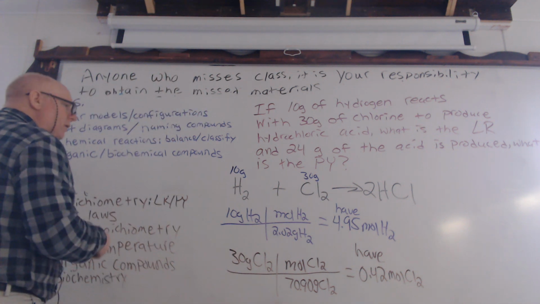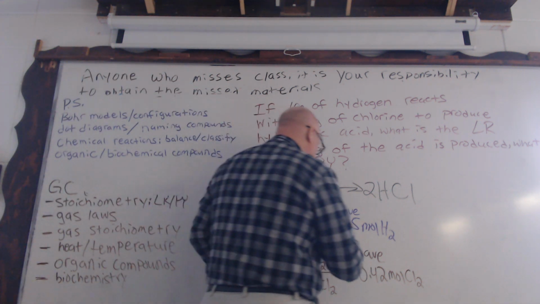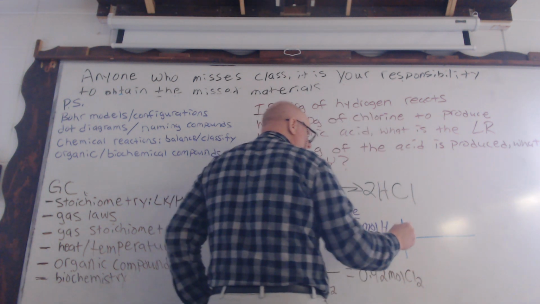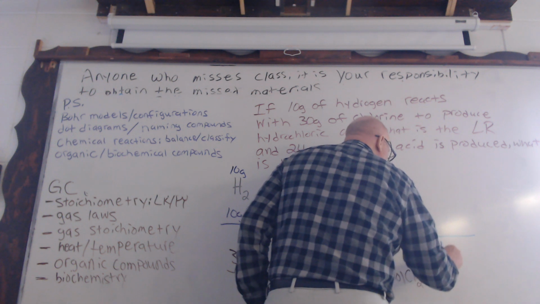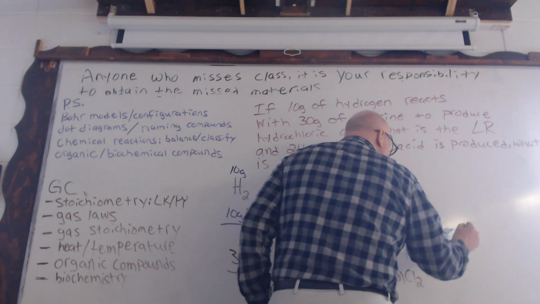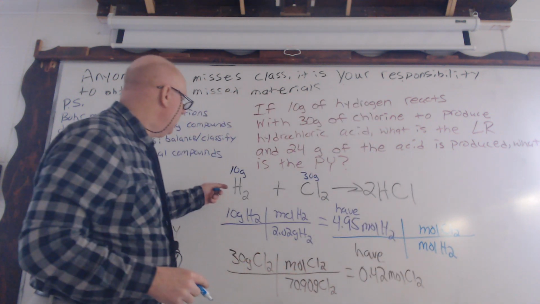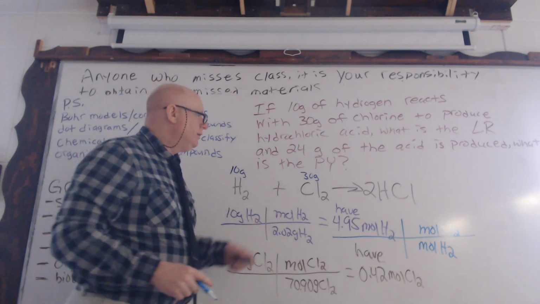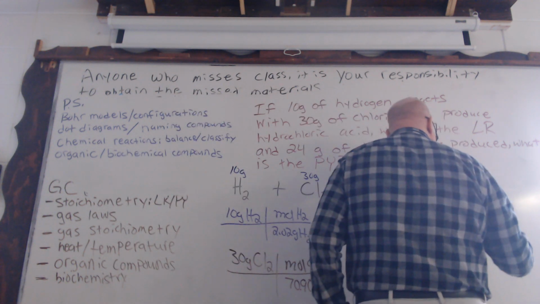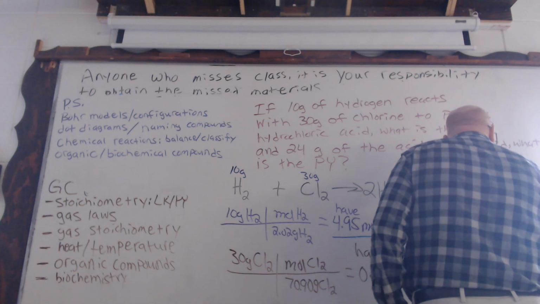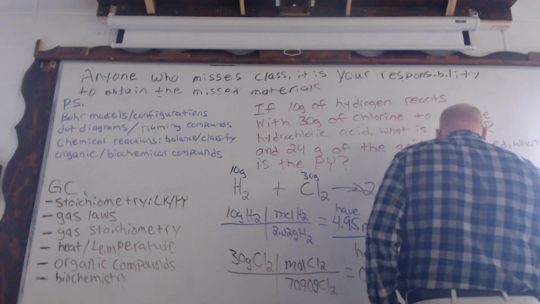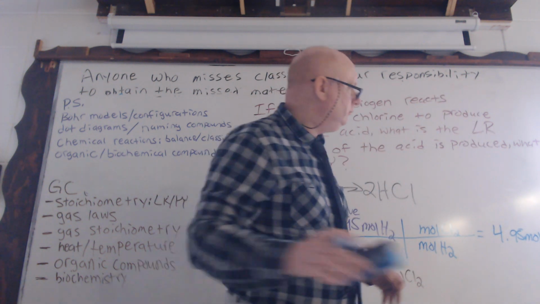For every mole of H2, there's a mole of Cl2. And it just so happens that it is a 1-to-1 ratio. So this really doesn't matter. We need 4.95 moles of hydrogen. No, not hydrogen. Chlorine.